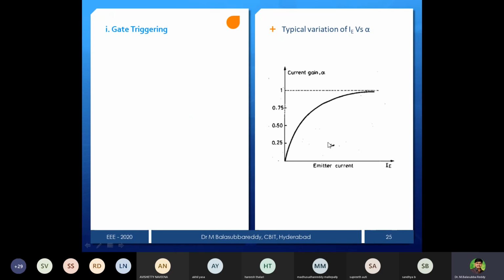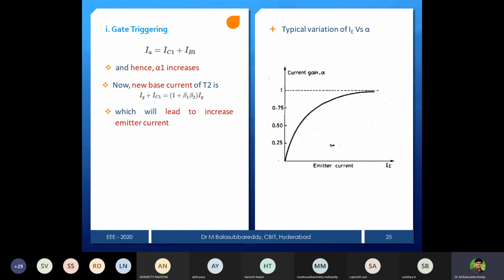This is why, as the emitter current increases, alpha is going to increase. So if we increase the emitter current, automatically emitter 1 increases, alpha 1 increases, emitter 2 increases, alpha 2 increases, like that, a cumulative process. Finally alpha 1 and alpha 2 approach unity. We started with gate current only at the initial moment.